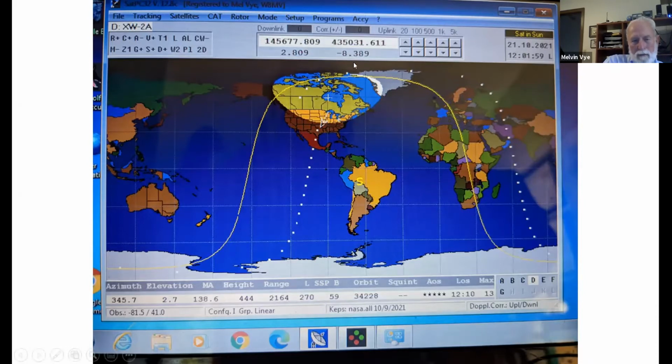And those numbers are always changing due to the Doppler and the fact that the range is constantly changing. Once the satellite passes and starts going away from us, then this number will be negative, because as the satellite's going away from us, I'm going to have to transmit on a higher frequency, because the satellite's going to see the lower frequency, and I'm going to have to receive on a lower frequency.